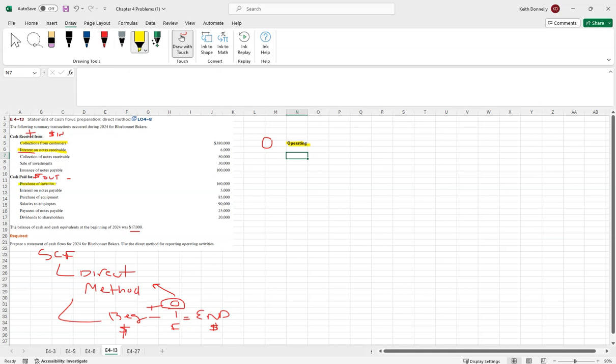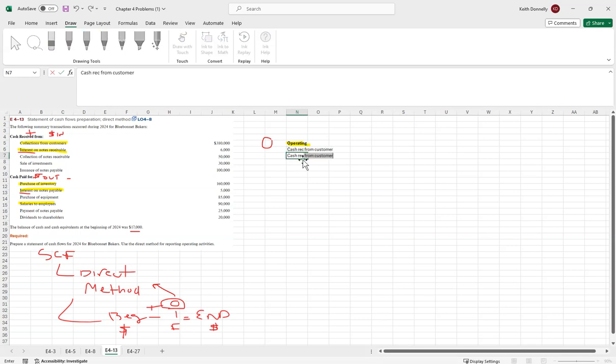Likewise, we spent some money to buy inventory, which relates to our operations. We also paid some interest on notes payable, so it's the interest on the note payable, not the actual note payable itself. And then we have salaries to our employees. So if we were to throw these in here, we have cash received from customers.